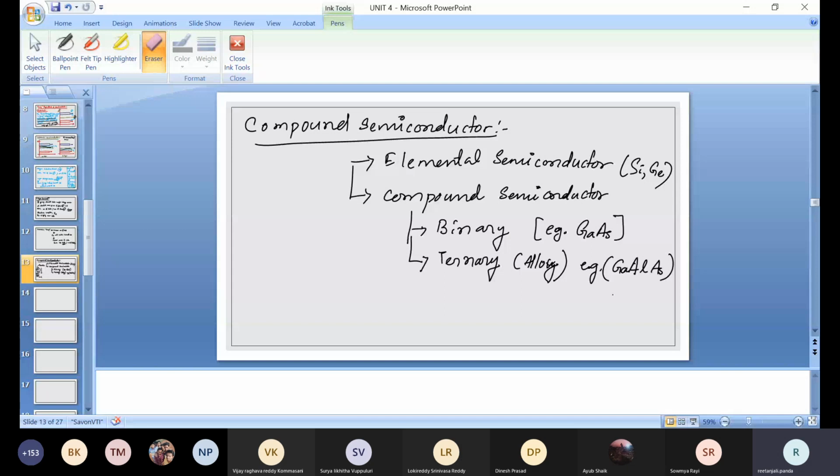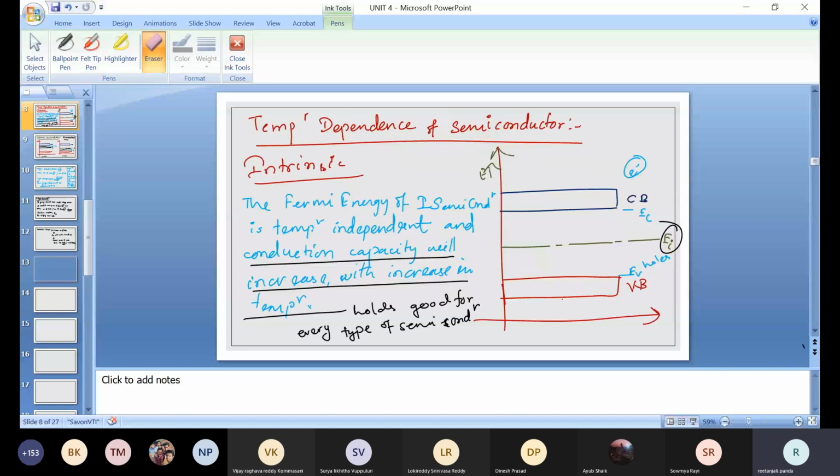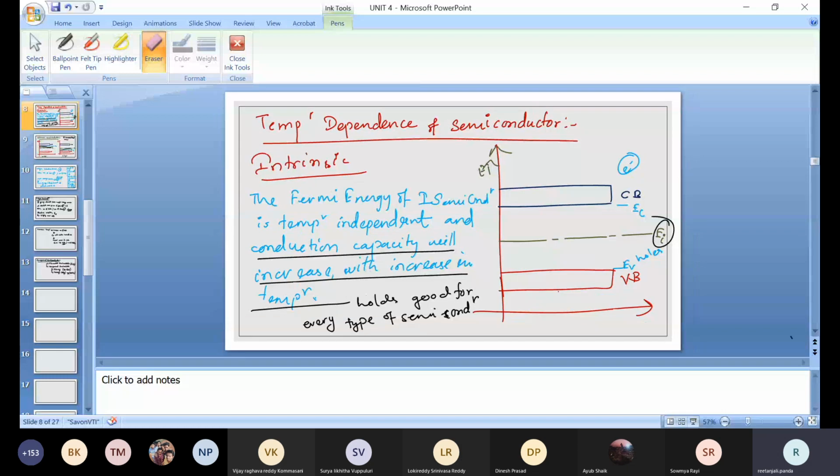As I told you, the conduction band and the valence band have a gap of energy, right? This Eg value cannot be tuned or controlled in the case of elemental semiconductors. That is why we opt for the compound semiconductor.